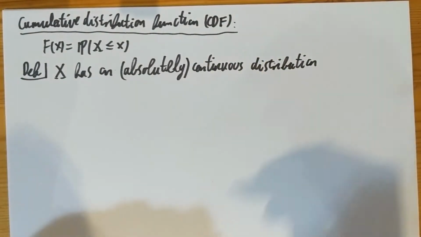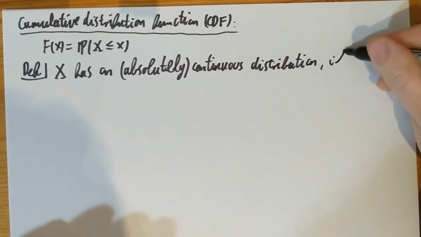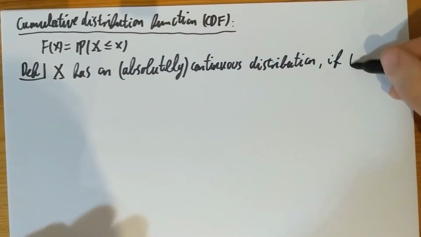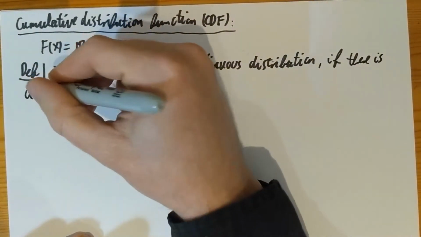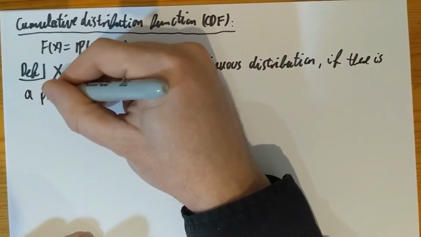So it has a continuous distribution if the following is true: if there is a density or probability density function.